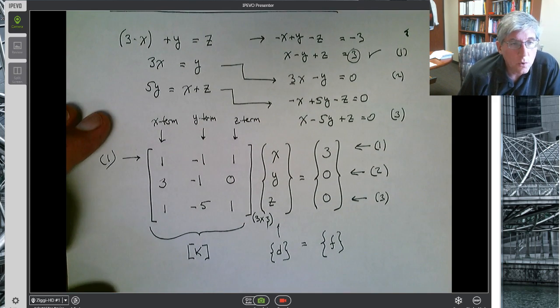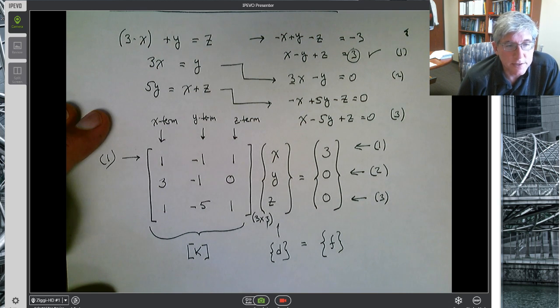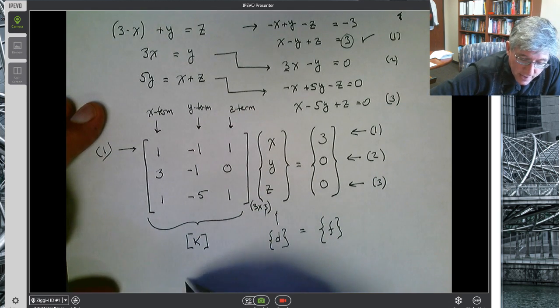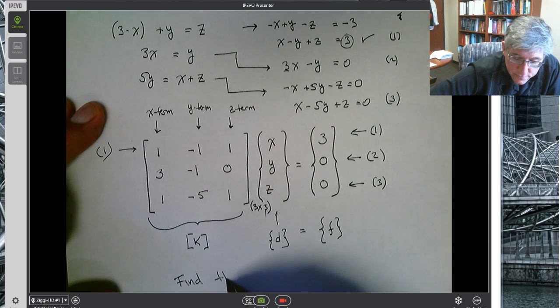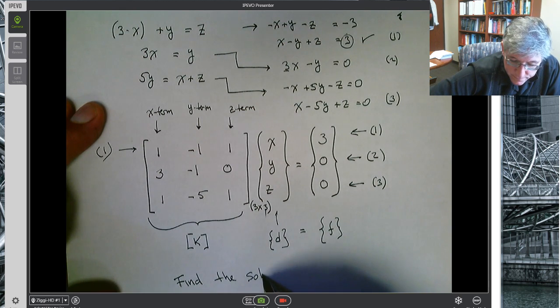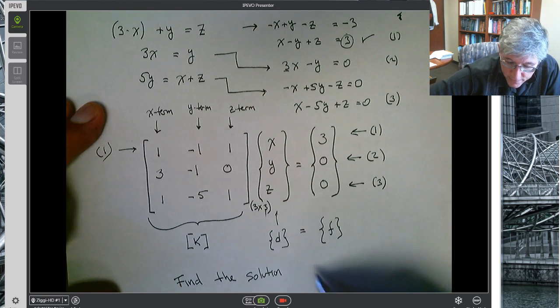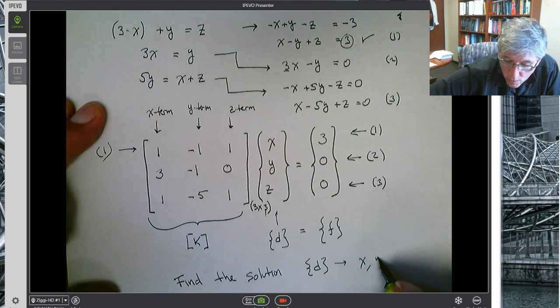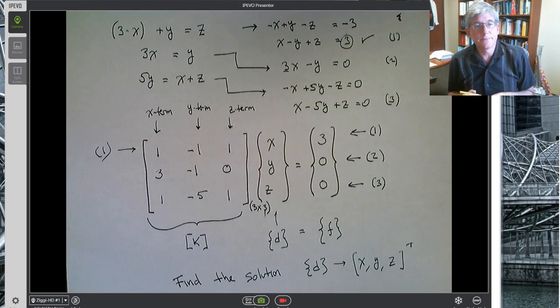All right, so we've written the system of equations in matrix form, and now we want to find the solution, right? And this is going to be D, because that's basically going to give me X, Y, and Z, the solution, right?